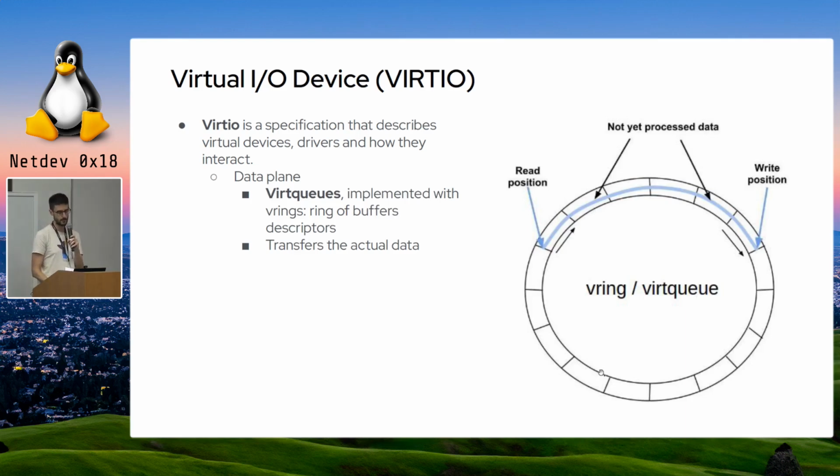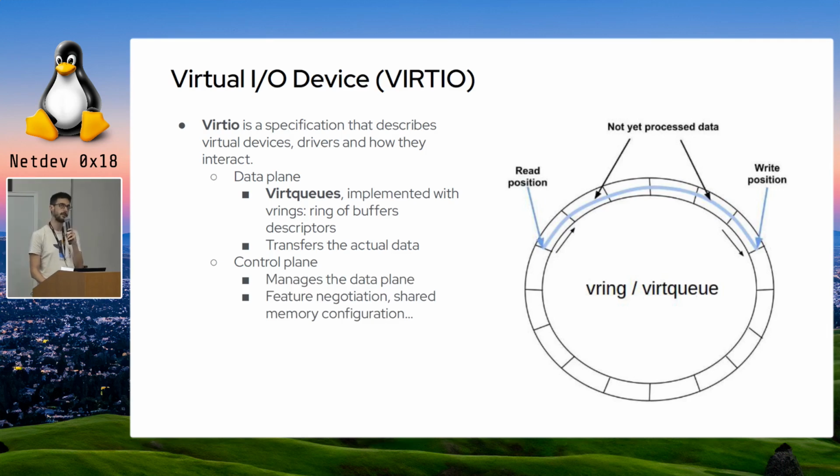The data plane is composed of virtqueues, implemented on virtual rings, vrings, the typical circular queue, and it transfers the actual buffers, the actual net buffers in the case of virtio-net. And apart from that, it has the control plane. The control plane manages the data plane and describes how it works. For example, different features are able to optimize or modify how this vring works.